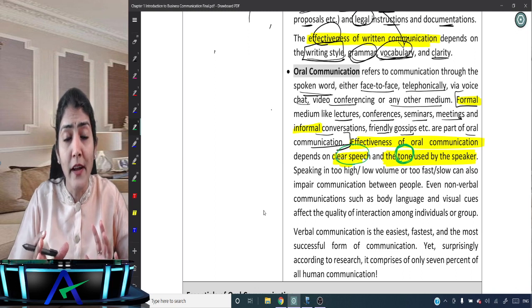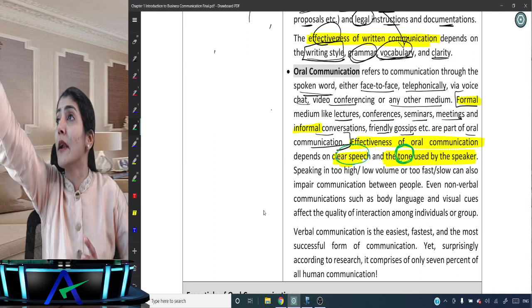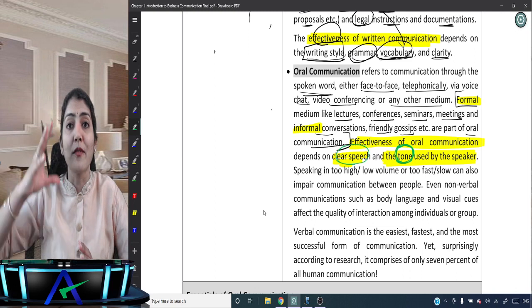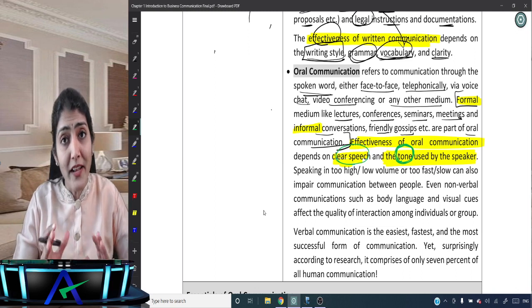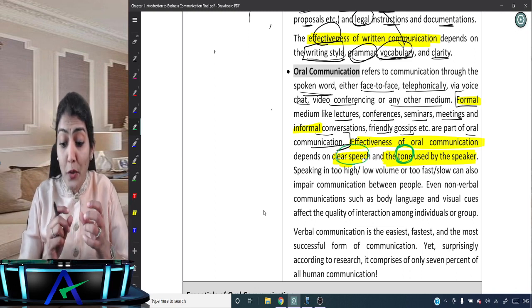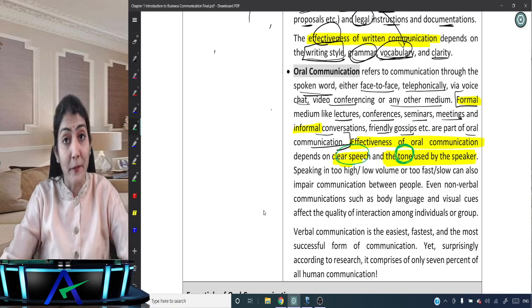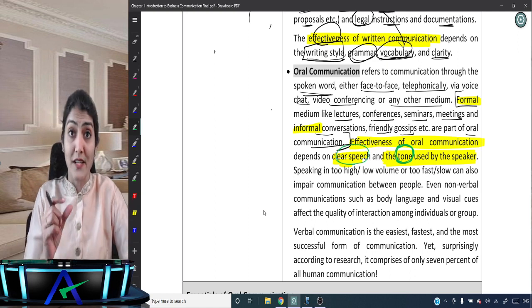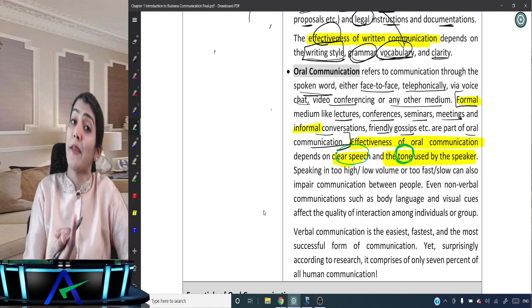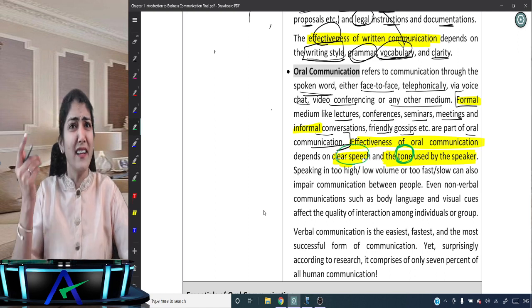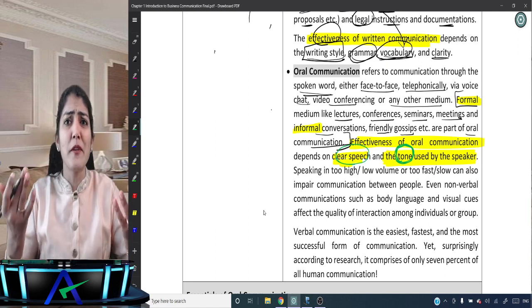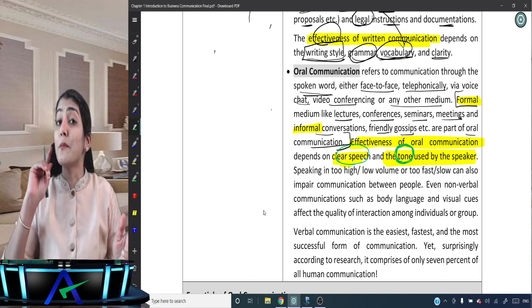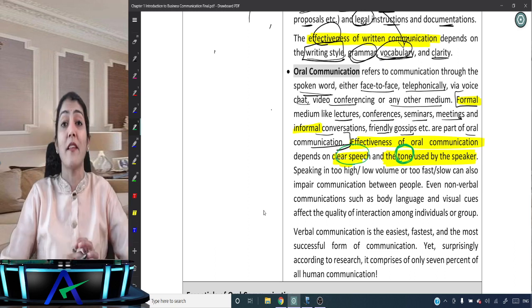I'm right here. I'm not 10 feet or 20 feet or 30 feet or 1000 kilometers away from you. So the tone used by the speaker, even the volume at which you are speaking, matters. Too high, it's irritating. Too low, it will put you to sleep. So it has to be just the right tone used by the speaker.